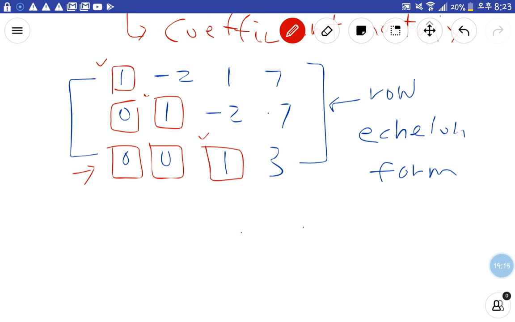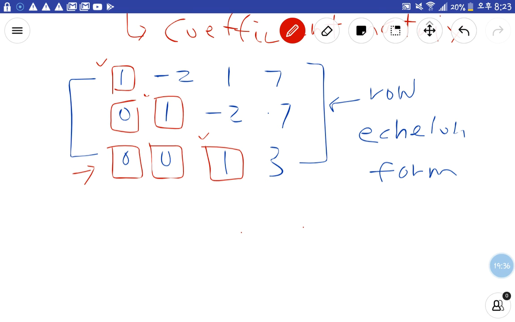Sometimes you will see that your last row is all zeros. Yeah, it can happen. But this is what we are going to make. So you should remember which conditions should be satisfied for row echelon form. You have to get familiar with this format.